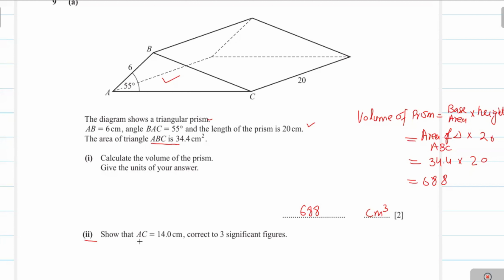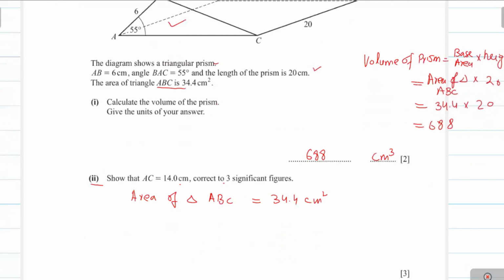Part second, show that AC is equal to 14 centimeters, correct to three significant figures. You see here the area of the triangle is 34.4 centimeters squared. We write here the area of triangle ABC is equal to 34.4 centimeters squared.